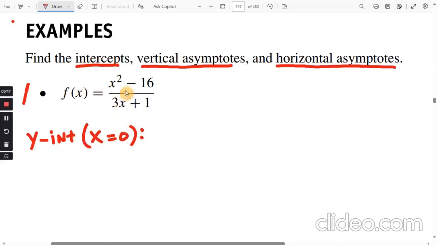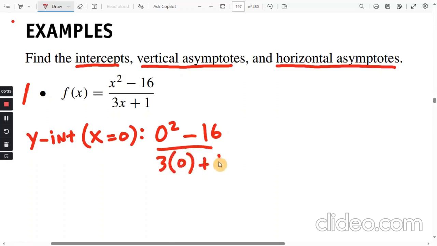So in our function, we plug in a 0 wherever you see an x, so that's going to be 0 squared minus 16, divided by 3 times 0 plus 1. Of course, the terms with 0 drop out: 0 squared is 0, 3 times 0 is 0. Negative 16 divided by positive 1 is just negative 16. Pretty simple.